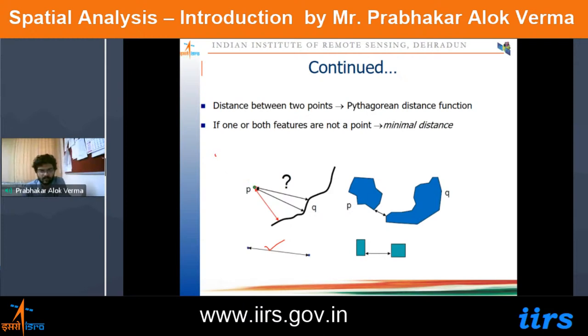But if you have to find out distance between a point and a line, there can be many distances between this, here, many distances are possible. So in this case, the fundamental rule is distance between a point and a line is the minimum distance between the point and the line.